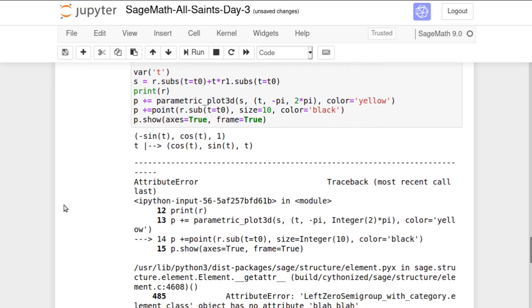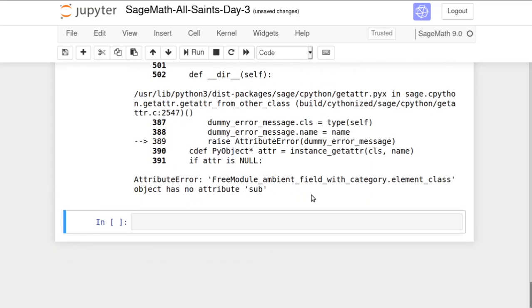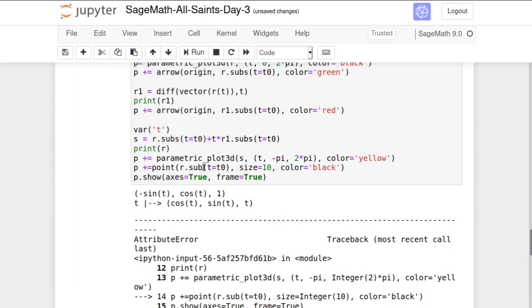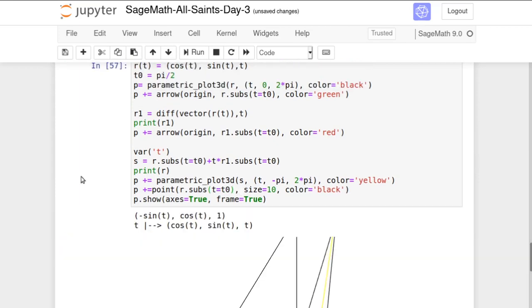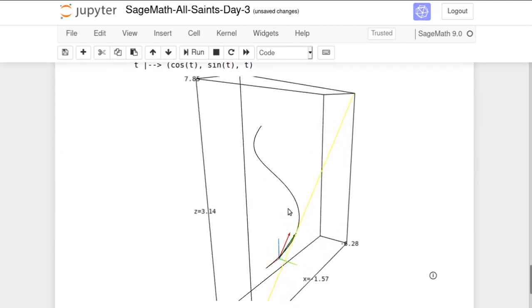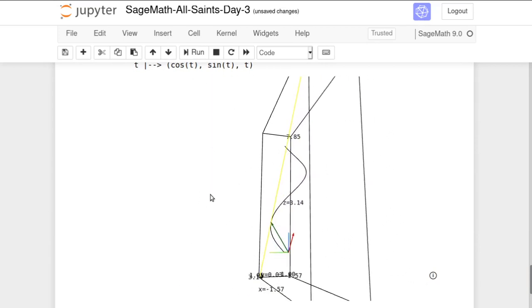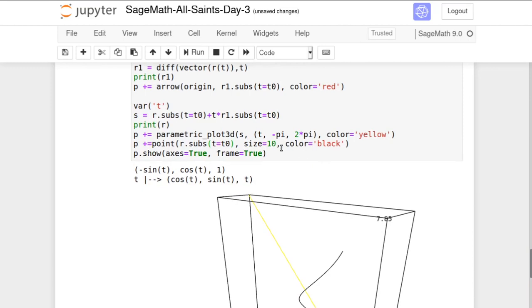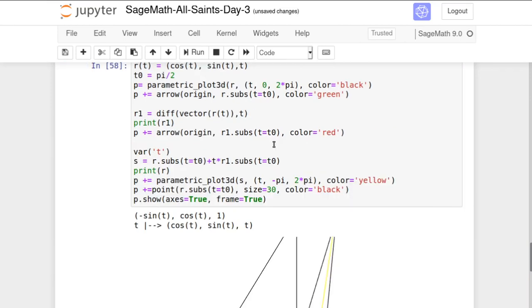What is the mistake here? Module object has no attribute substitute. Okay, size equal to 30.